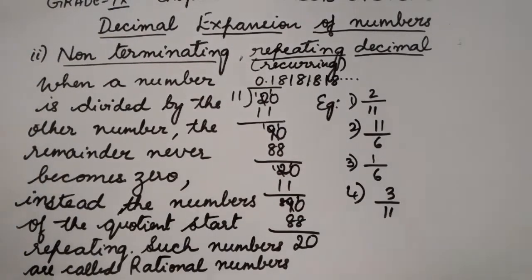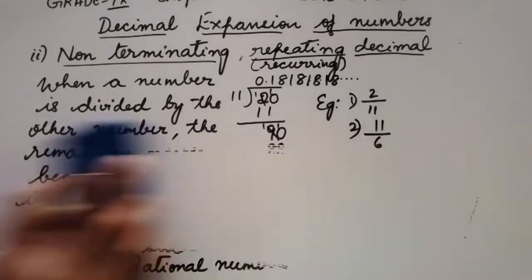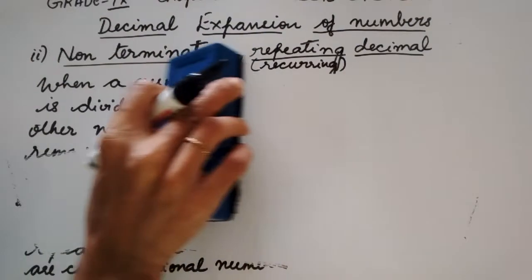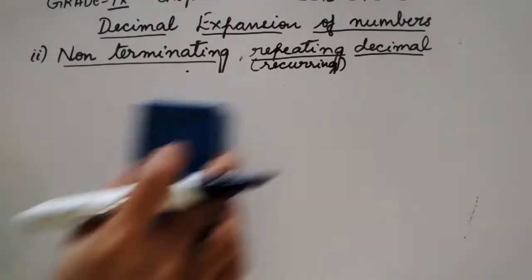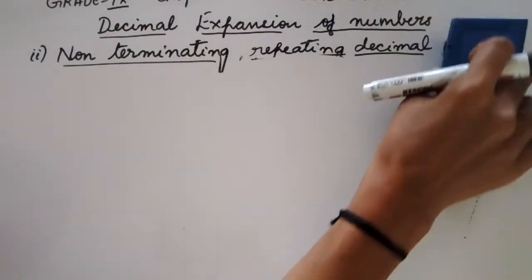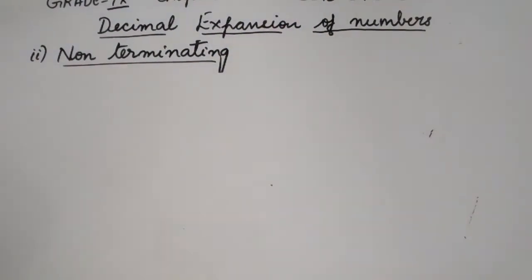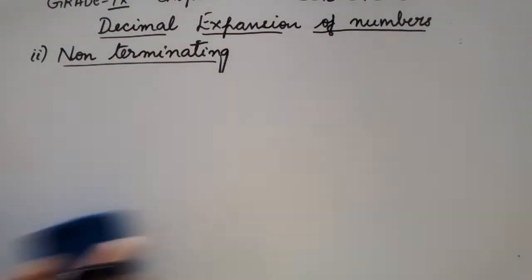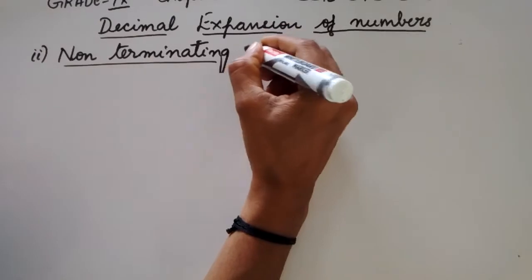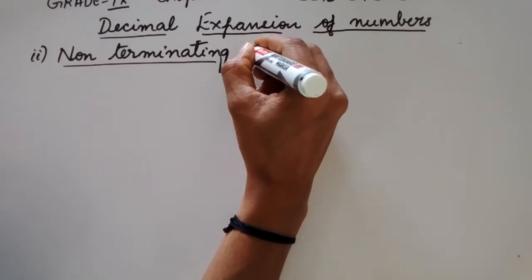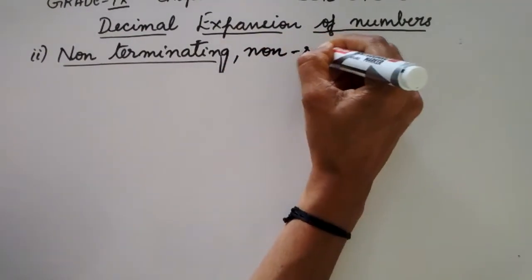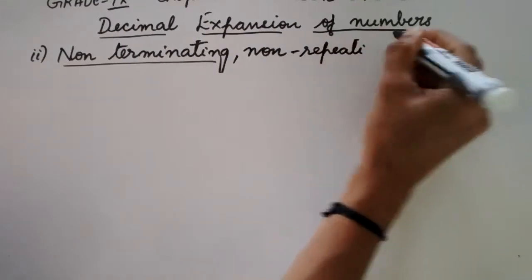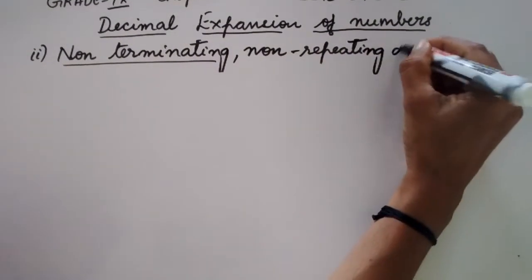Now, next let us move to the third type, that is non-terminating, non-repeating or non-recurring decimal.